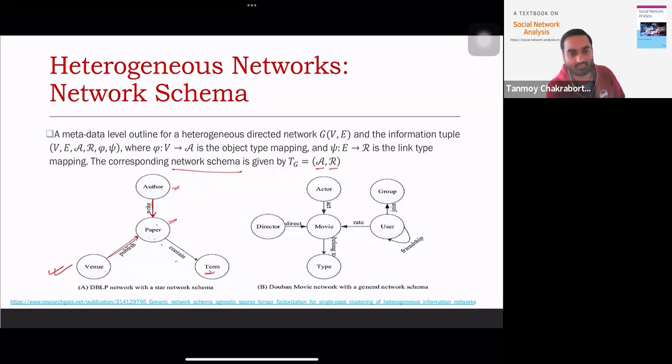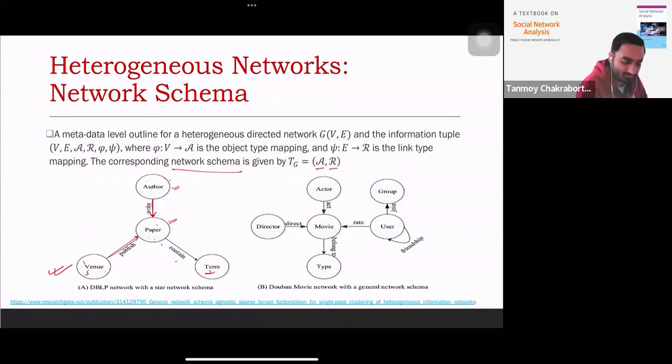So the schema basically says that you can't arbitrarily connect any node pairs, right? You can't connect an author node and a venue node via the edge write. This is not permissible.